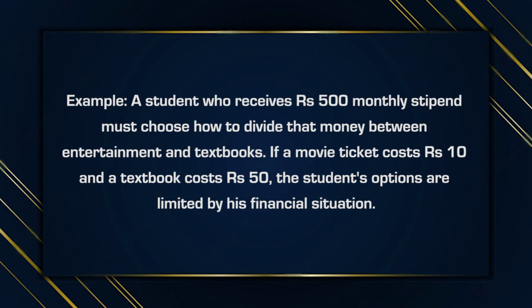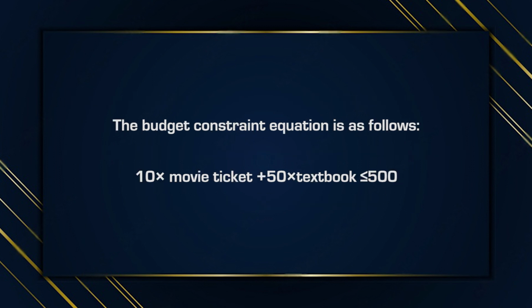For example, a student who receives a rupees 500 monthly stipend must choose how to divide that money between entertainment and textbooks. If a movie ticket costs rupees 10 and textbooks cost rupees 50, the student's options are limited by his financial situation. The budget constraint equation is as follows: 10 multiplied by movie ticket plus 50 multiplied by textbook is less than or equal to 500.